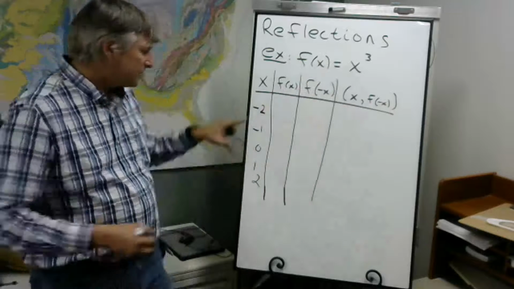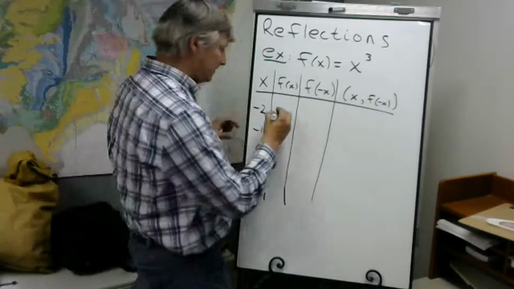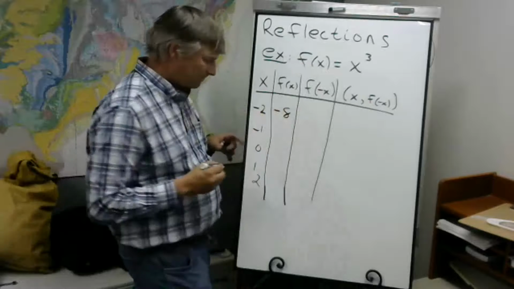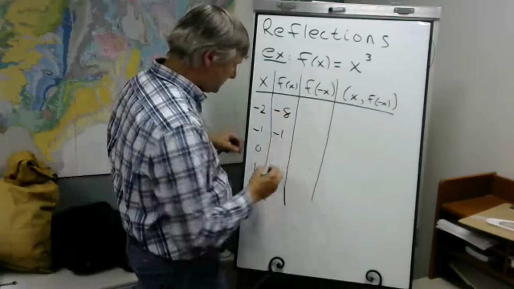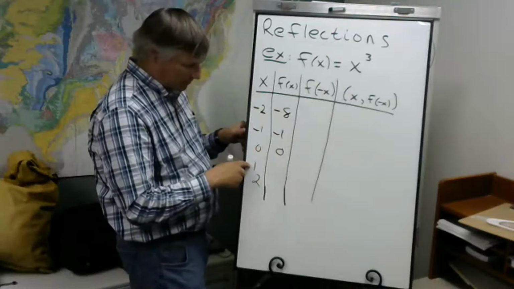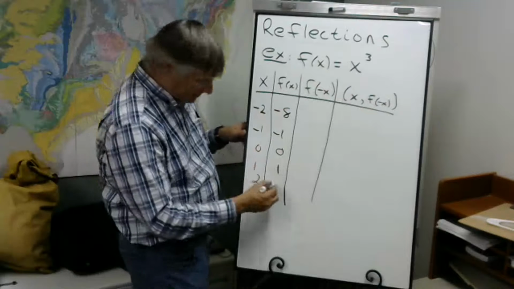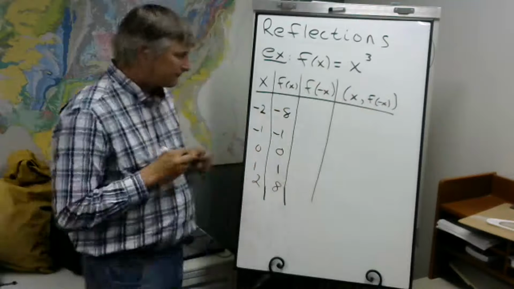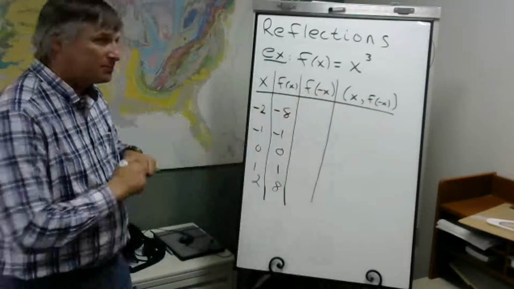We just cube these. So the cube of -2 times -2 times -2, that comes out to -8. -1 times -1 times -1, -1. 0 times 0 times 0 is 0. 1 times 1 times 1 is 1. 2 times 2 times 2 is 8. Now here, we're going to get this minus.